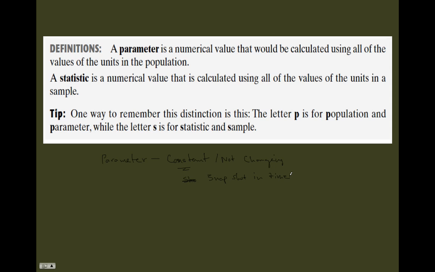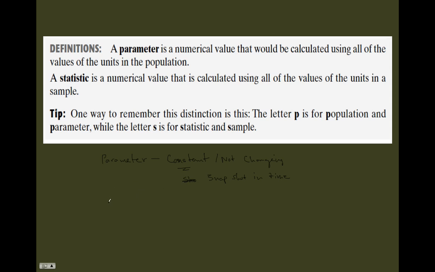And it's certainly quite possible that, days, months, years down the road, the parameter value could have changed. And so we should think about the statistical analysis as a snapshot in time when we do our calculations. And that's the parameter.